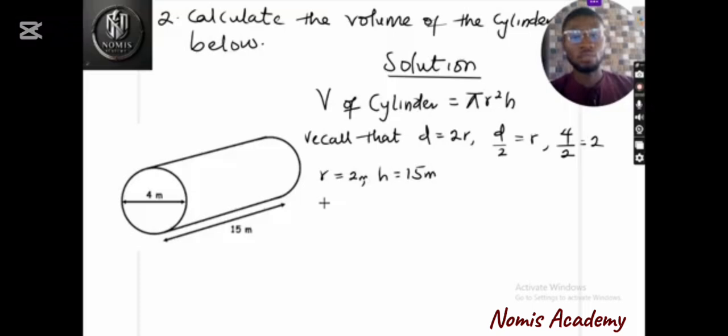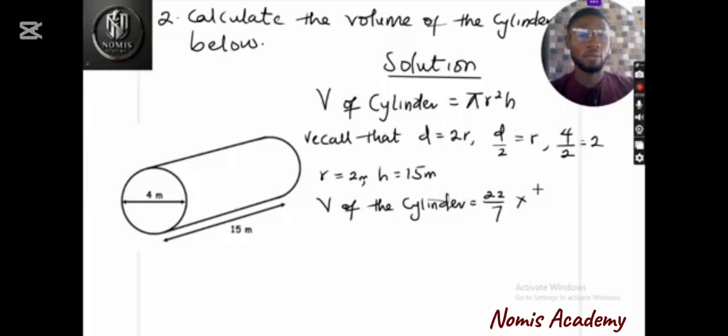So now we can calculate the volume of the cylinder. Volume of the cylinder we have on screen is equal to 22/7 multiplied by 2/1 meter multiplied by 2 meter over 1 and then multiplied by 15 meter. So what do we do? There's nothing that is divisible.